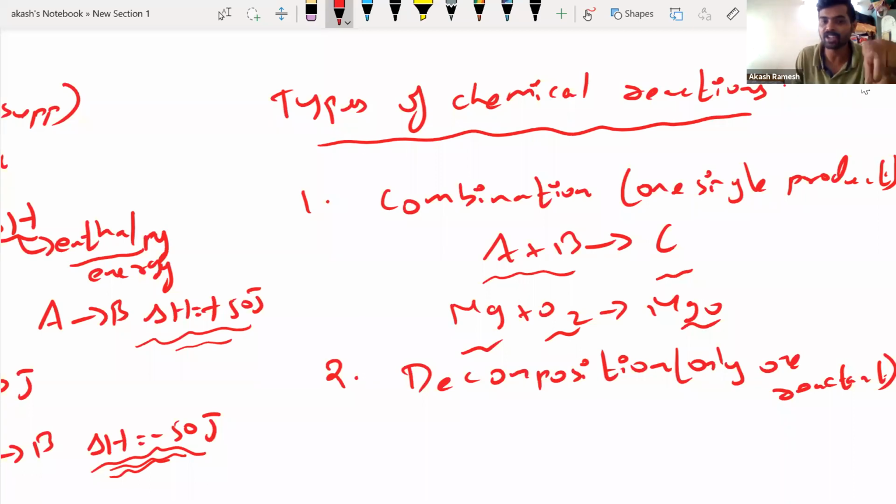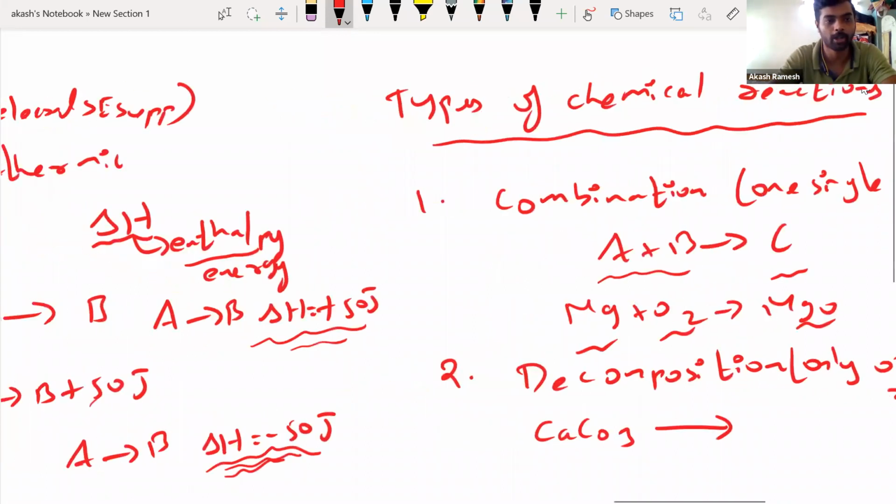So in a combination reaction, there should be only one product. In a decomposition reaction, there should be only one reactant. If I want to give you an example, there is calcium carbonate.